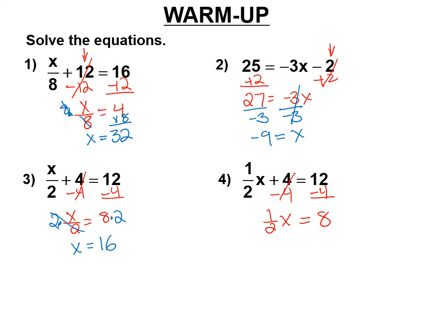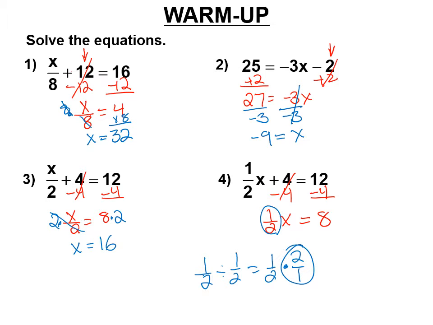Well, we said that when x is being multiplied, you divide. So we divide by 1/2. But when we divide fractions, what do we actually do? We leave the first number the same and multiply by the reciprocal. So that's what we're going to do here.